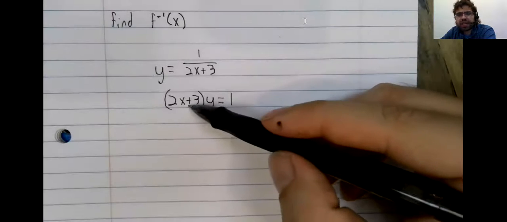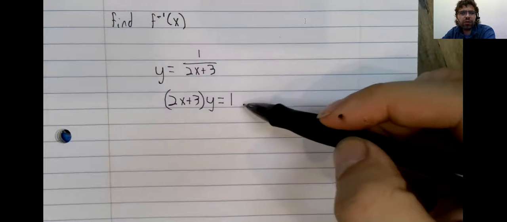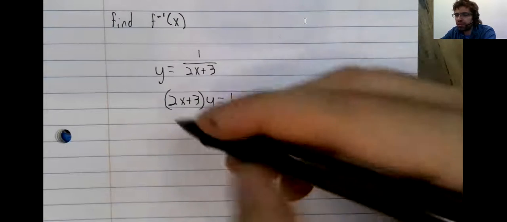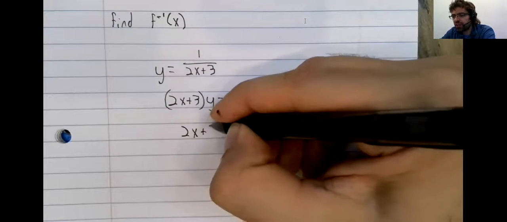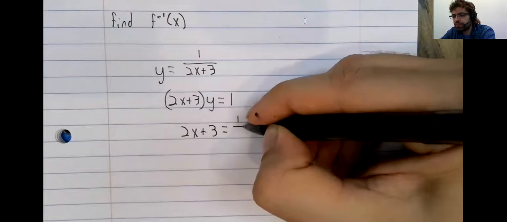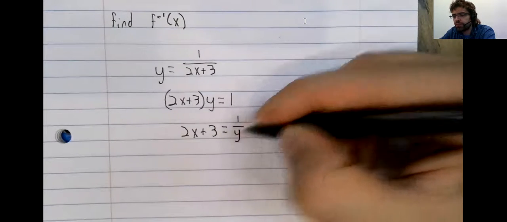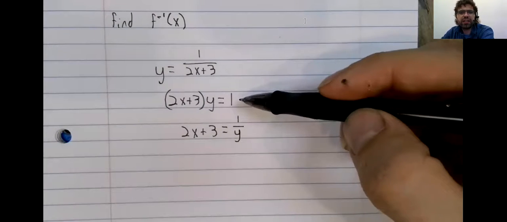Now we want x by itself on the left and our y's over on the right. So maybe the next thing we should do is get that y over here.